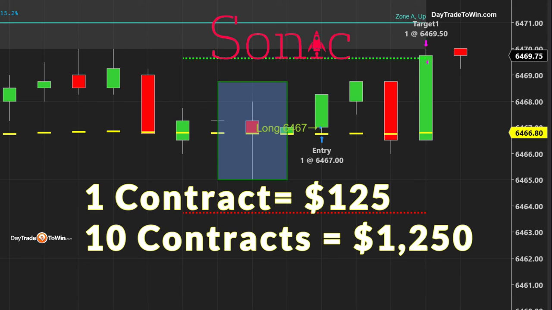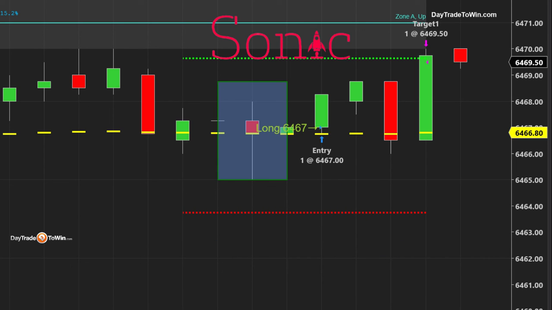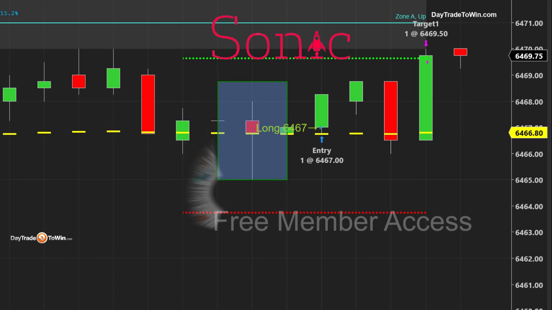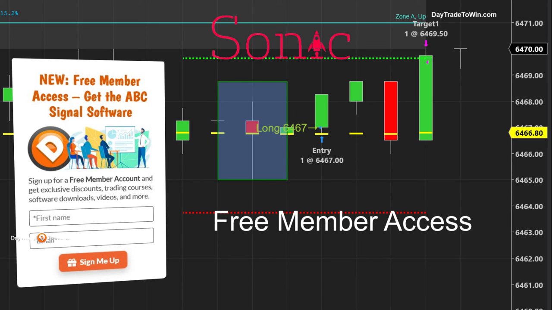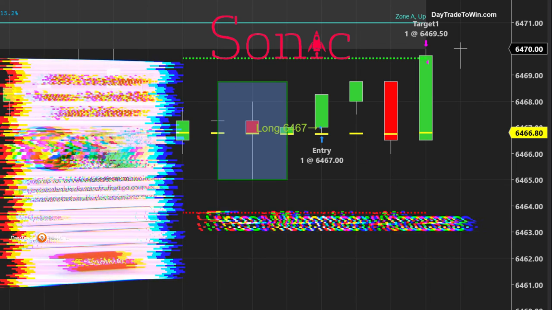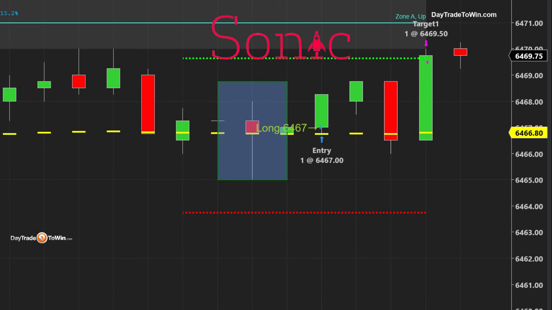So just remember that the amount of contracts that you trade, you may start off with a smaller amount of contracts or even micro contracts when you start trading, but then you can gradually grow 2 contracts, 3 contracts, 5 contracts until you feel confident that you want to be able to trade maybe 5 to 10 contracts. And then I would stay there. I wouldn't go too much more than 5 to 10 contracts.